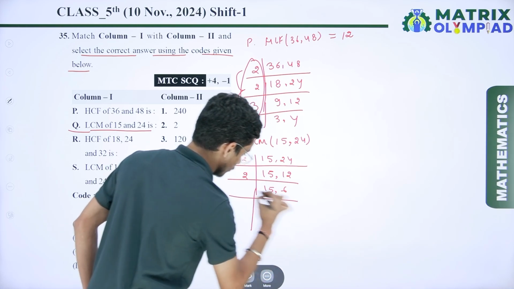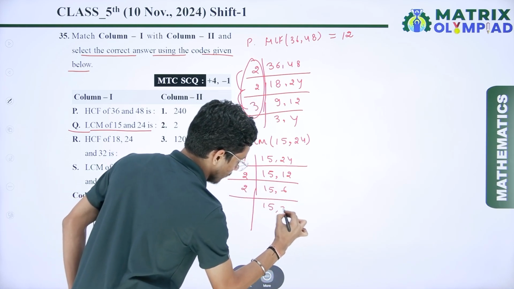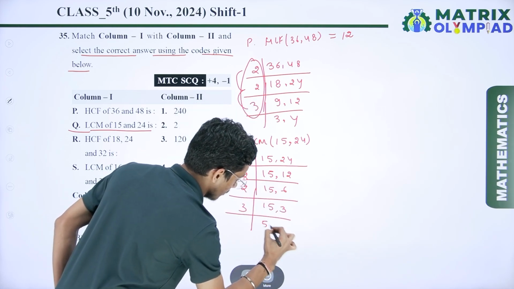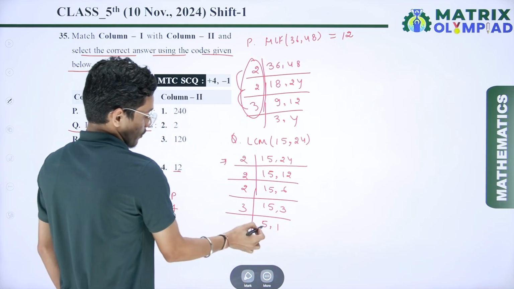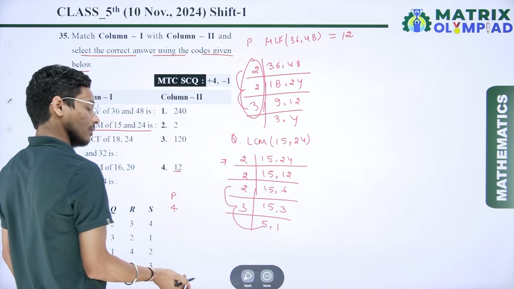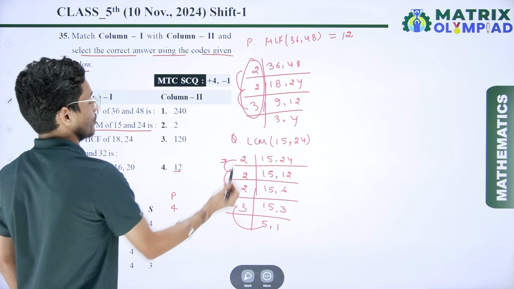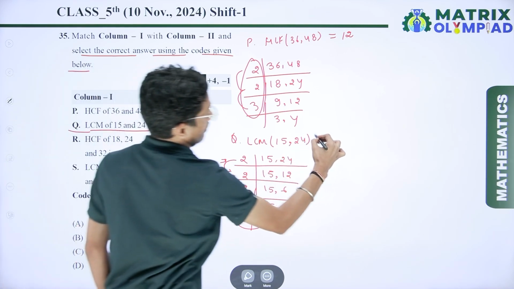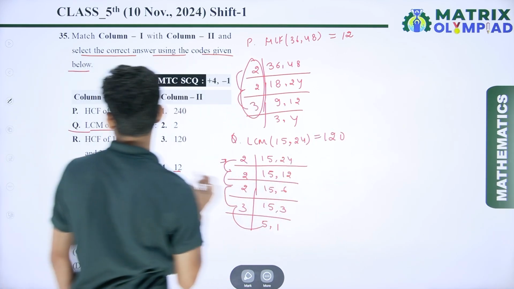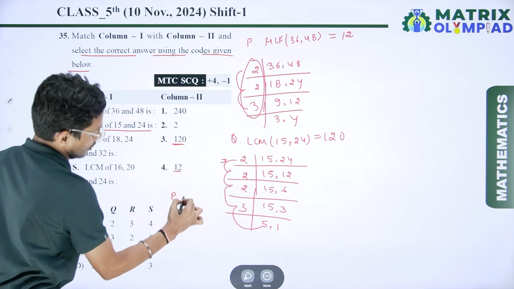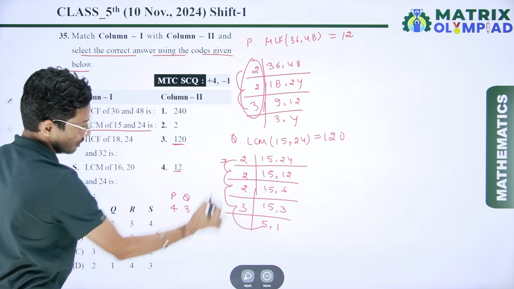If I take 2 again, then here I get 15 and 3. If I take 3, here again I get 5 and 1. It means 5 times 3 is 15, 15 times 2 is 30, 30 times 2 is 60, 60 times 2 is 120. It means the LCM that we get is 120. So Q is connected to third.